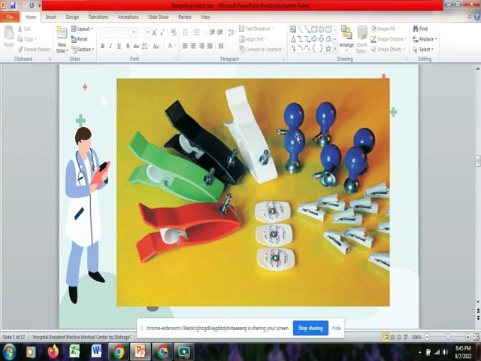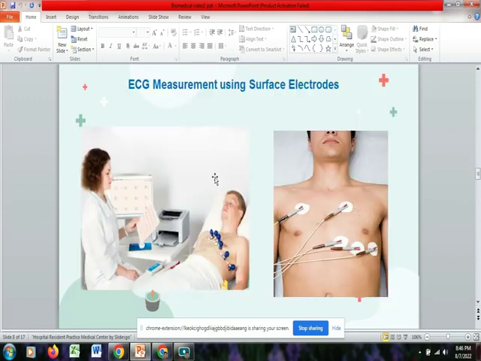These are the many sensors or electrodes used to measure ECG signals, like suction cup electrodes, adhesive tape electrodes, and some metal electrodes used on the fingers. And this is the exact application in the biomedical instrumentation system, the ECG measurement system.